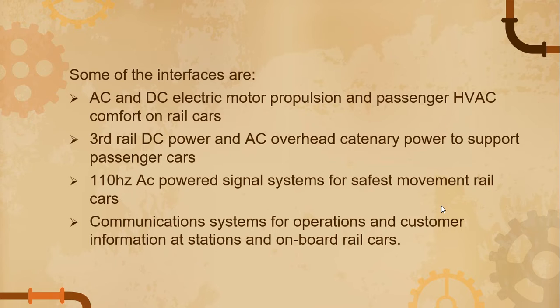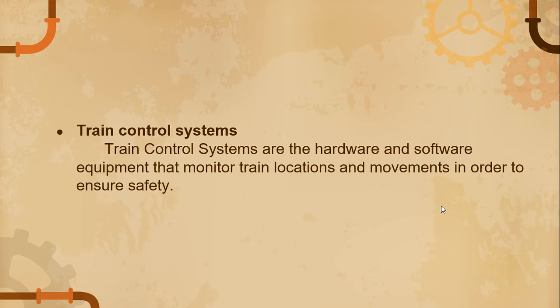Next and last is the communication systems for operations and customer information at stations and on board rail cars. So, yung mga yon yung mga interfaces na tinutukoy doon sa ating rail systems integration. So our next bullet is about train control systems.